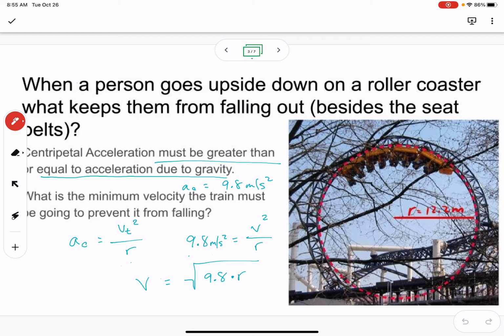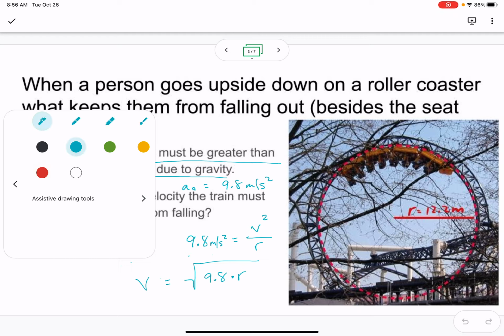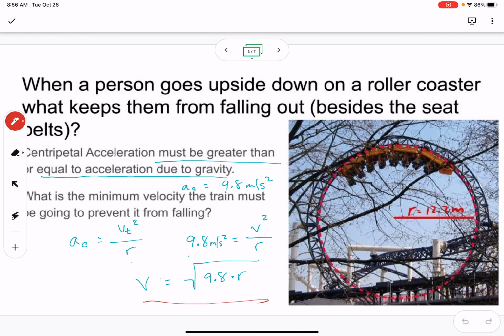So we're going to plug 9.8 into centripetal acceleration, and then we'll use the rest of the formula, which is tangential velocity squared divided by r. We're going to rearrange the formula because we're looking for the minimum velocity. To rearrange it, velocity equals the square root of 9.8 times r. So this is my rearranged formula right here.